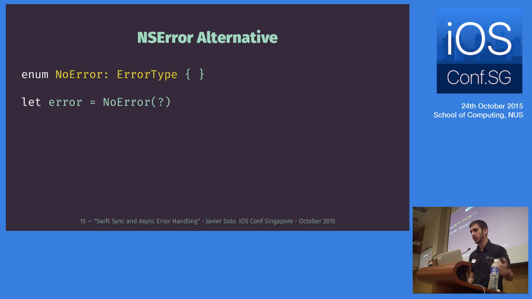But here's what's interesting about that no error definition. It's an empty enum, which means that because it has no cases, you cannot create a value of that type. So now you're like, wow, that's very useless, right? Why would you have an enum if you can't create values from it? But that's exactly the point. We can prove at compile time that no values of that type can be created.